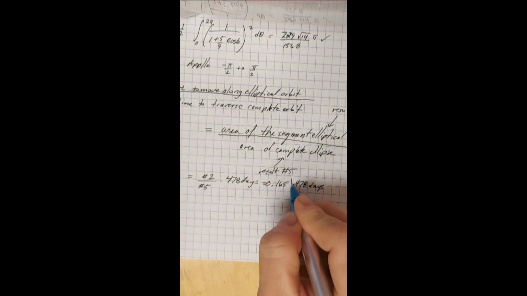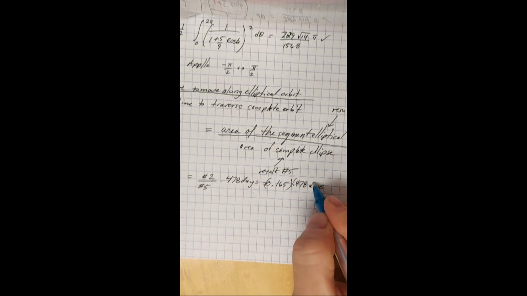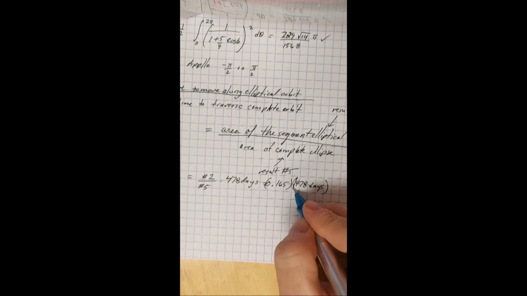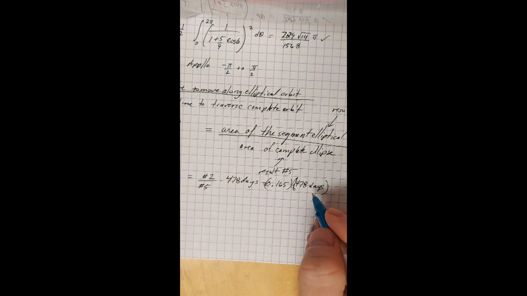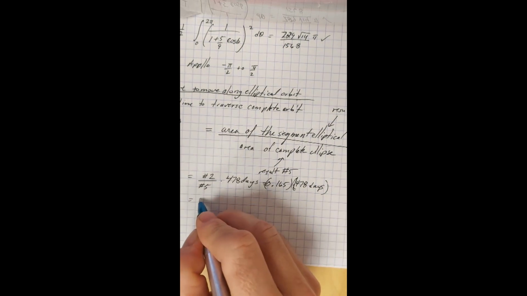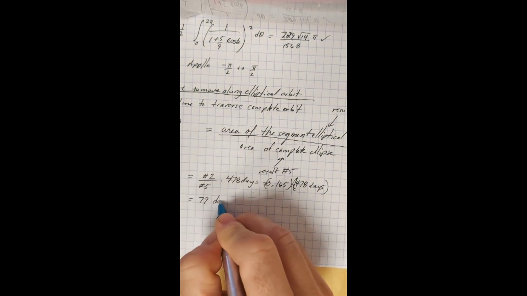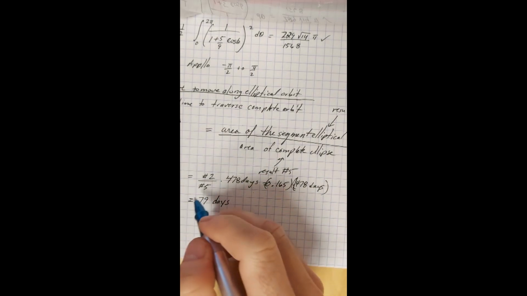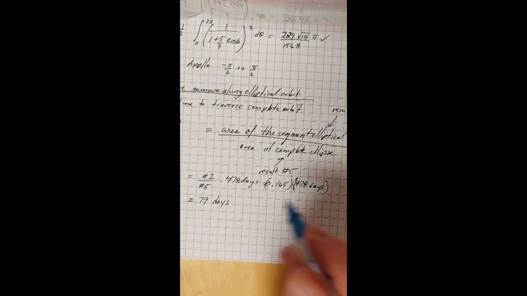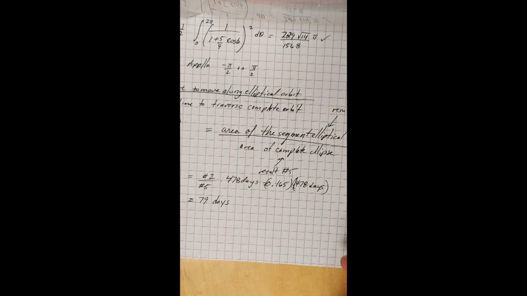Okay, so this is the ratio amount, and 478 days is the time for the complete orbit. And so if I multiply those two together, I get about 79 days. So we can just call it 79 days. Okay, so the time it takes for Apollo to go from negative pi over 2 to pi over 2 is about 79 days. All right, I hope that was helpful, and I'll see you in the next video.